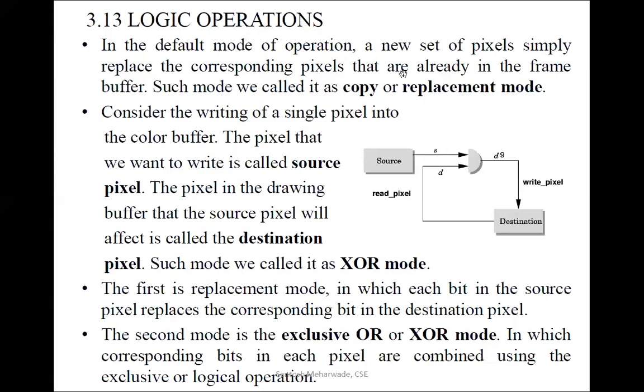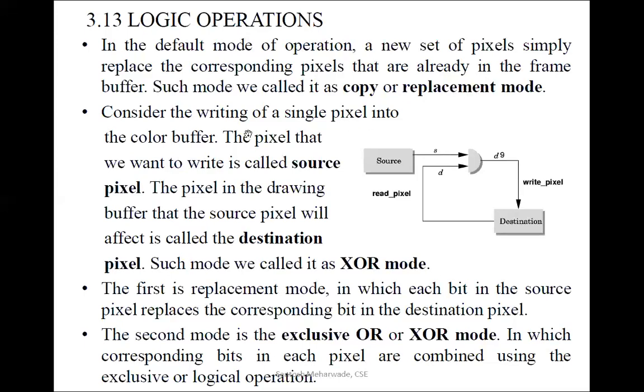On that white background, if you want to draw a triangle with a red color, then at the corresponding location, the white color will be replaced with the red color. The immediate change that you bring on that frame buffer is what we call copy mode or replacement mode, as you are replacing the old background color with the new foreground color.